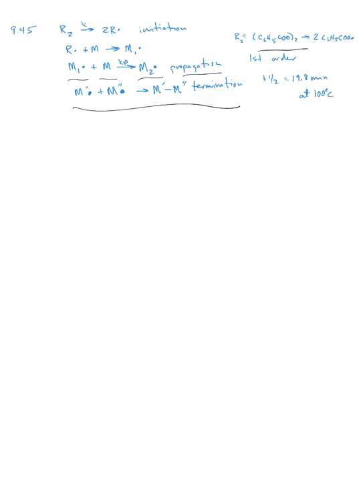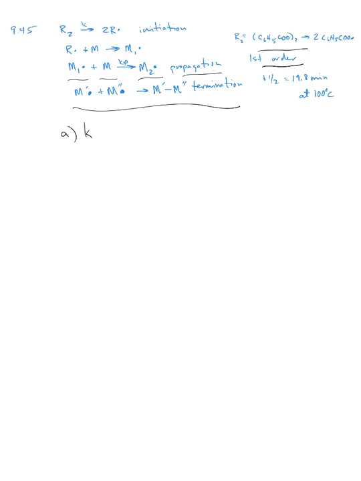One of the pieces of data we're given here is that the half-life of the initiator is 19.8 minutes at 100 degrees Celsius. And so that data is going to help us begin answering the questions that the text states. The first one is calculating the rate constant of this reaction. I think by that they mean the first order reaction of the initiator.